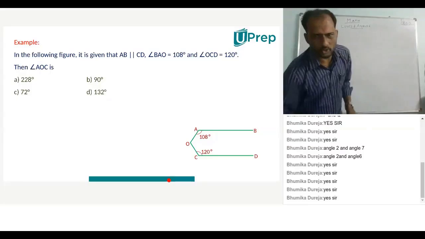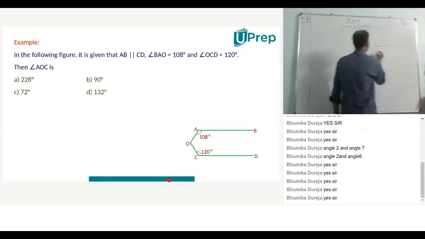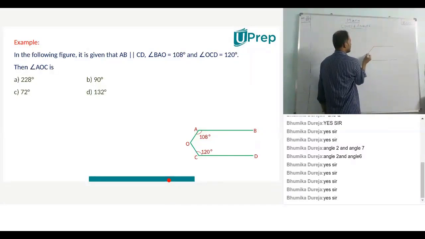Okay, there are two methods to solve this problem. So can we first try it? Yeah.